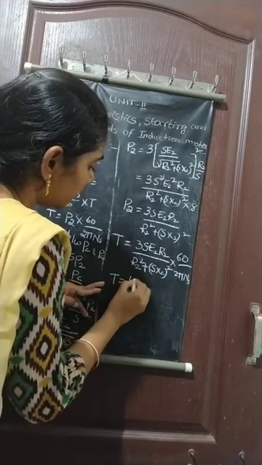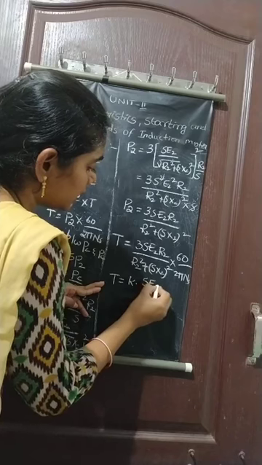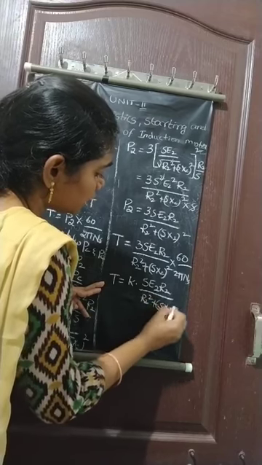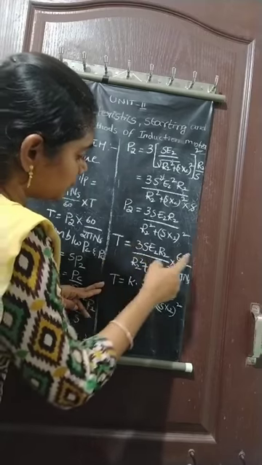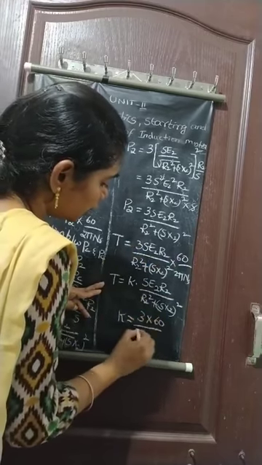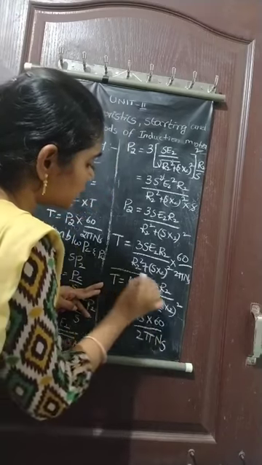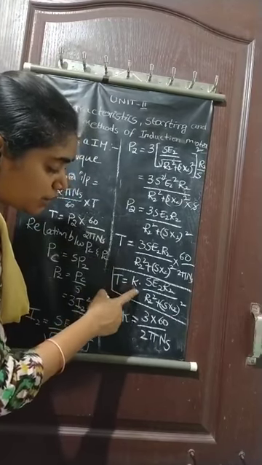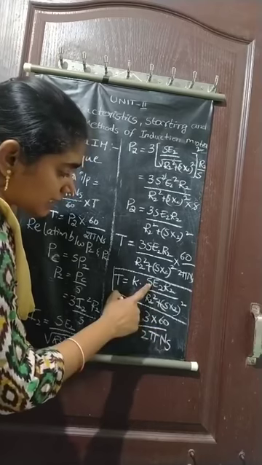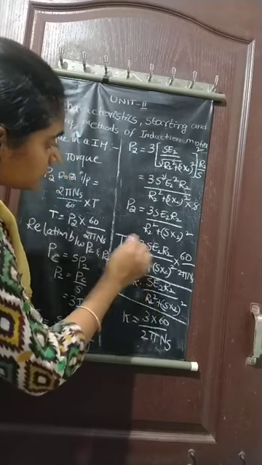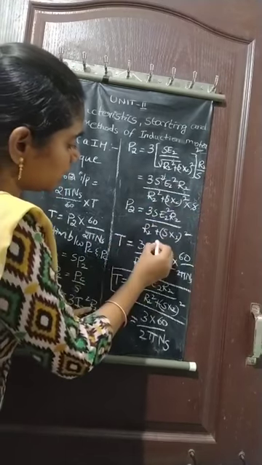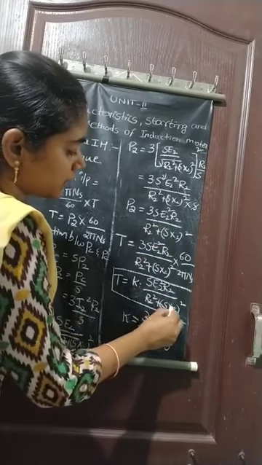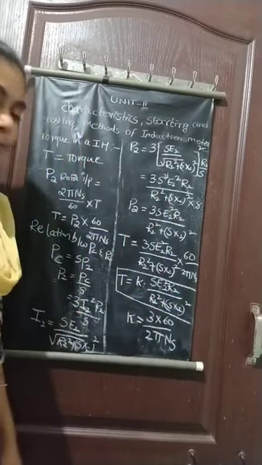Here T is equal to K into S E2 square R2 by R2 square plus SX2 whole square, where K is equal to 3 into 60 by 2 pi Ns, a constant value. So the final equation is T equals K into S E2 square R2 by R2 square plus S into X2 whole square. This is the torque in an induction motor.